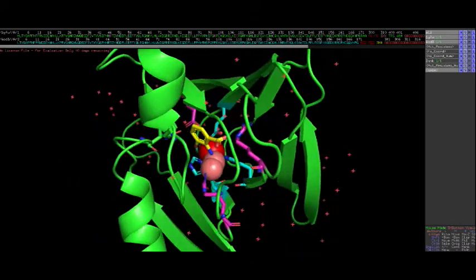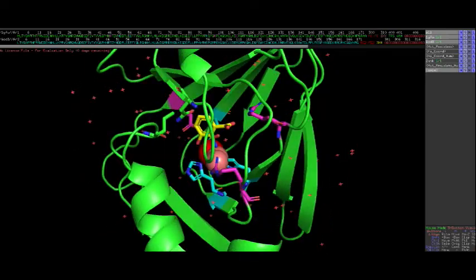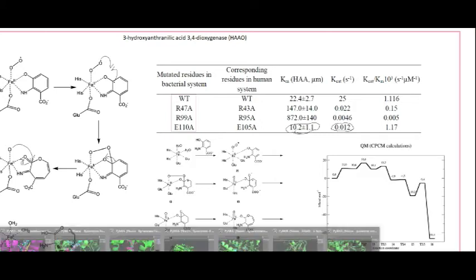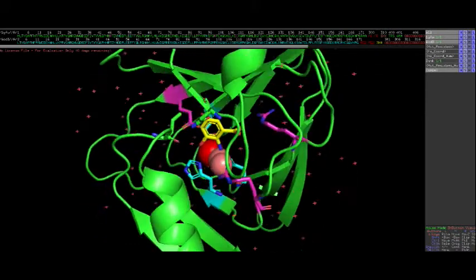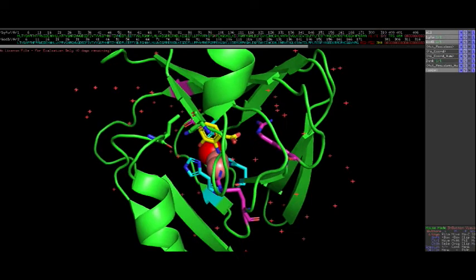This arginine here looks like it's coordinating with the oxygen, and so maybe that is what, in this mechanism, might be stabilizing this negative charge right here. And this arginine is a little bit further away, but we can see that it might be coordinating with the carboxylic acid on the substrate right there.